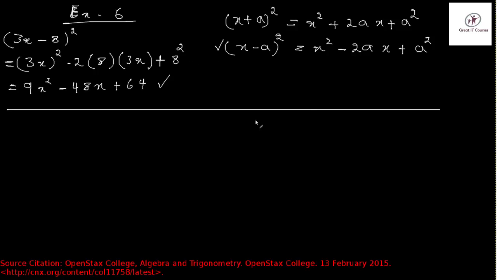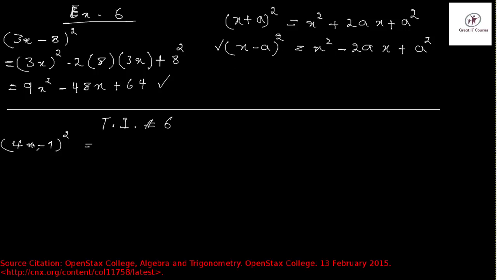We could do another one of these. We can expand this, try it. Number 6, 4x minus 1 whole squared. If you wanted to expand this, this would be a minus b whole squared, or x minus a whole squared.